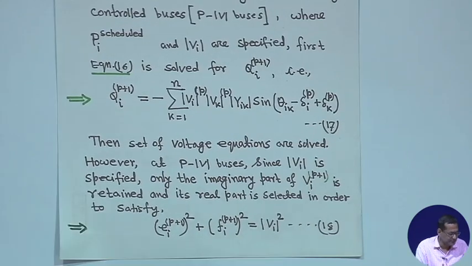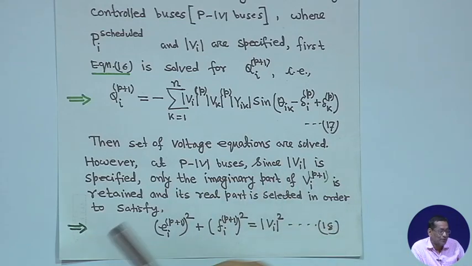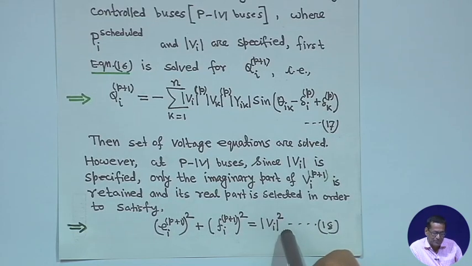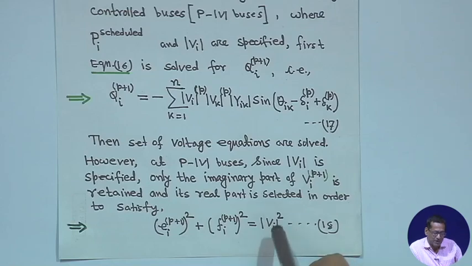That means when we solve the Gauss-Seidel method for the PV bus case, in the numerical we will see that, suppose for example, bus 2 is a PV bus. In that case, the way you solve without considering the PV bus, you solve for V2, but we know that the voltage magnitude of V2 has to remain constant.